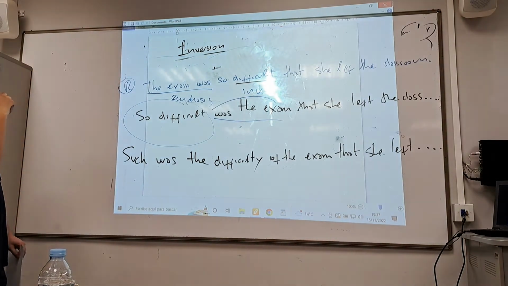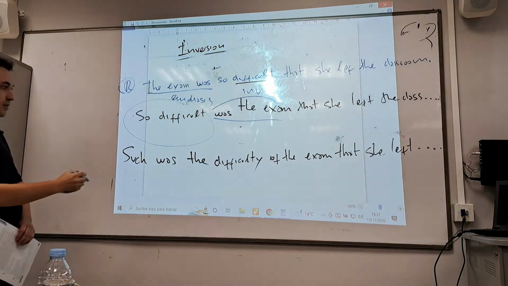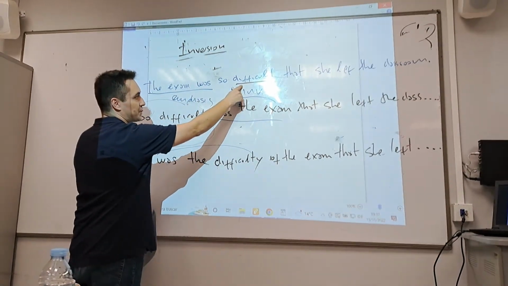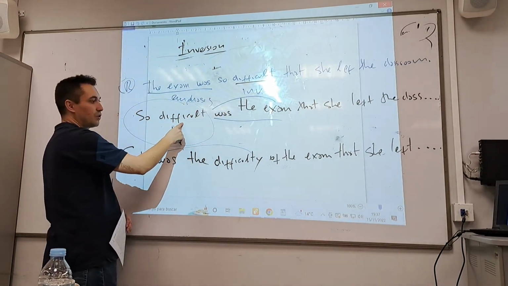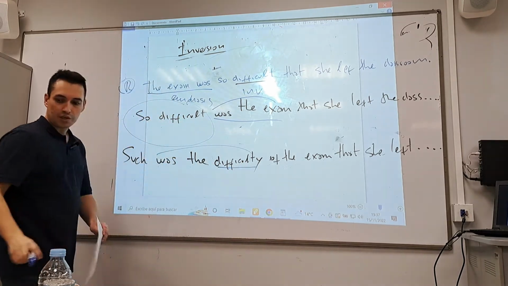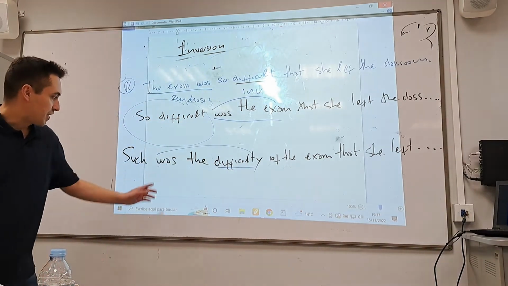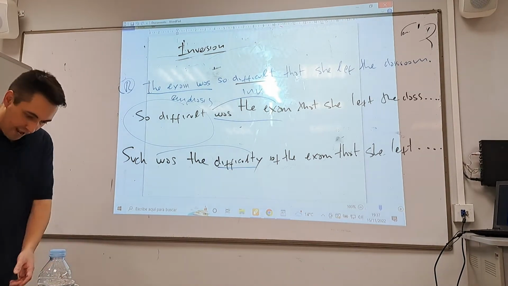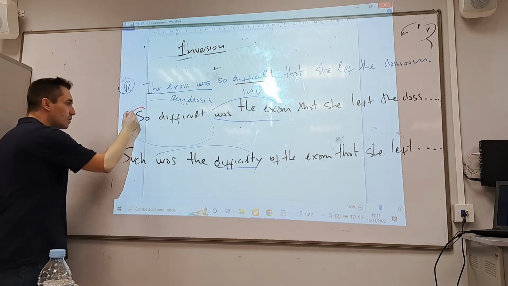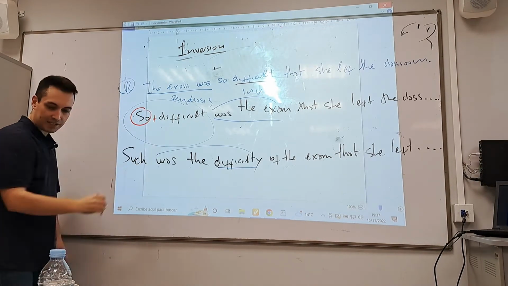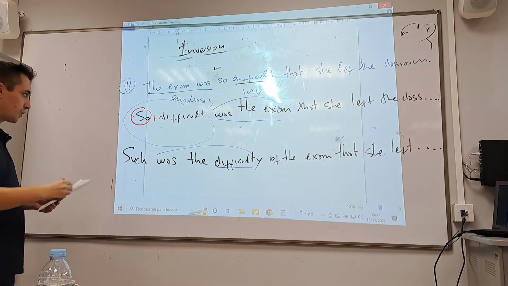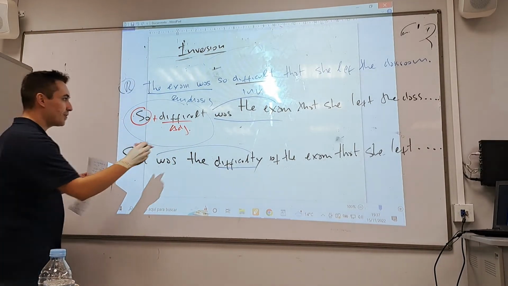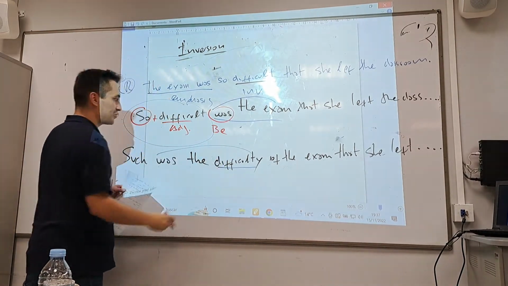So, such was the difficulty. Here there is an inversion: was the difficulty. However, we needed to change difficult. Here difficult remains difficult, but here we need difficulty. So, the inversion is here: was the difficulty of the exam. What are the two expressions that we have here? We have so plus adjective plus the verb to be.